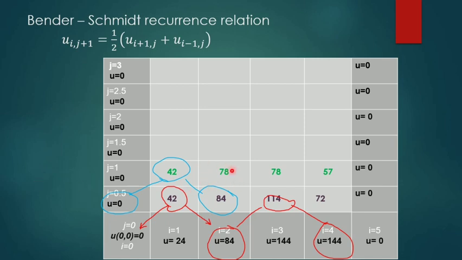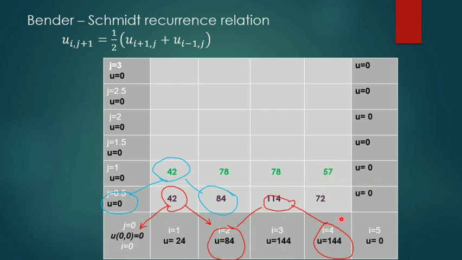The next value is obtained using 42 and 114: you add these two and divide by 2, you get 78. Similarly, 114 plus 0 divided by 2, you get 57.